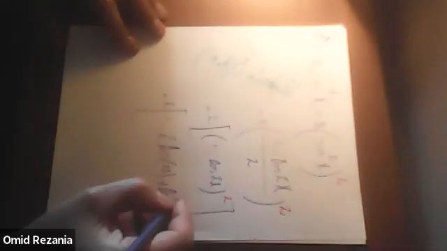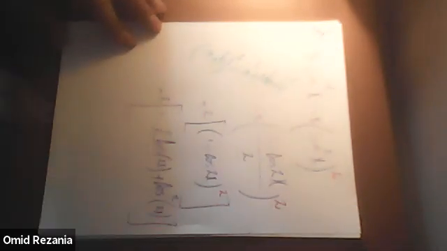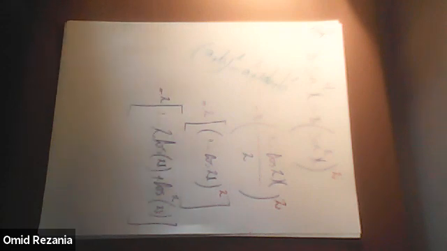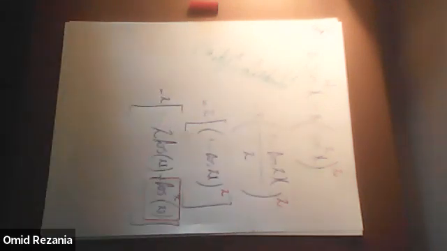Okay, now, look at this expression. We have cosine squared of x again. Again, guys, you know what's going to happen.